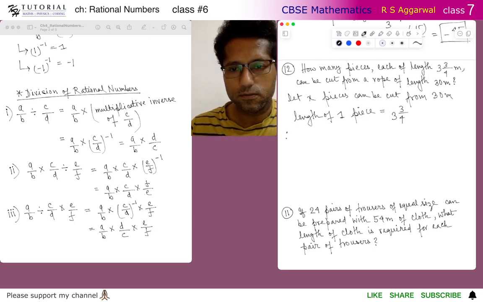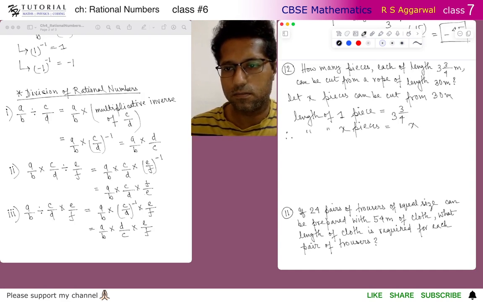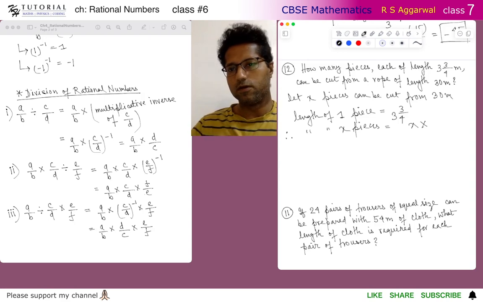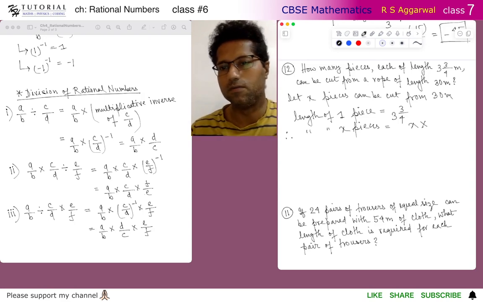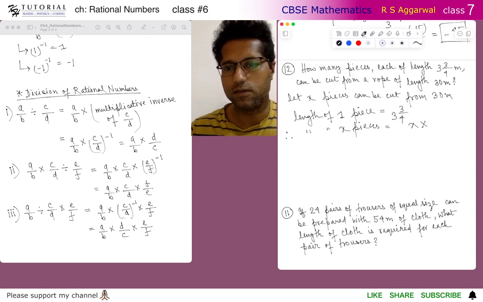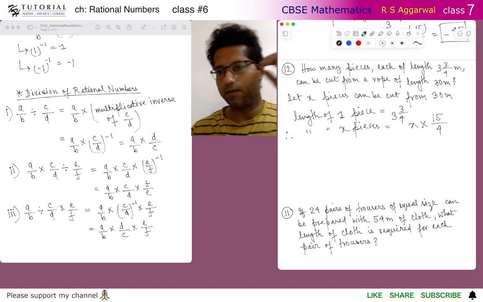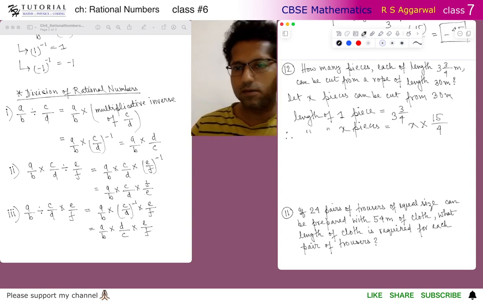Therefore, length of x pieces is x multiplied by, let's convert the mixed fraction 3 and 3 by 4 into an improper fraction, and this becomes 15 by 4. So x multiplied by 15 by 4 is the length of the x pieces.